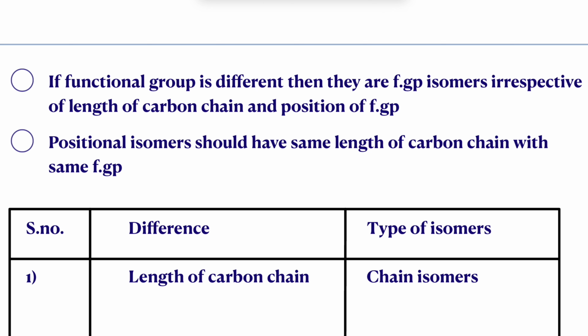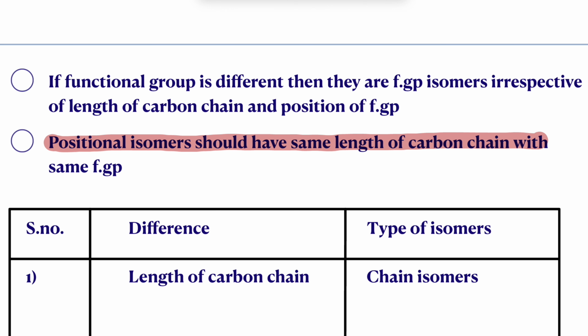Next one, positional isomers should have the same length of carbon chain. If you are saying they are positional isomers, the length of the carbon chain must be the same. If the length of the carbon chain is different, they are definitely chain isomers. If a functional group is different, they are definitely functional group isomers irrespective of the length of the carbon chain.